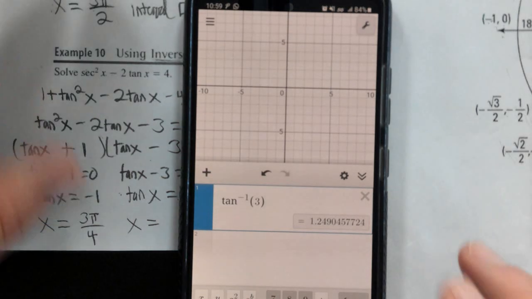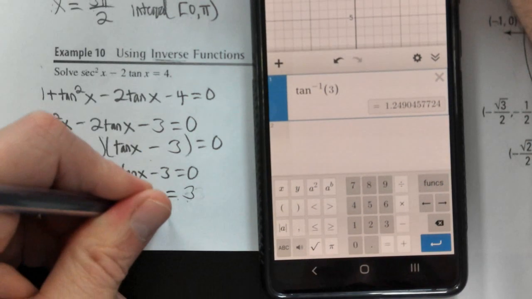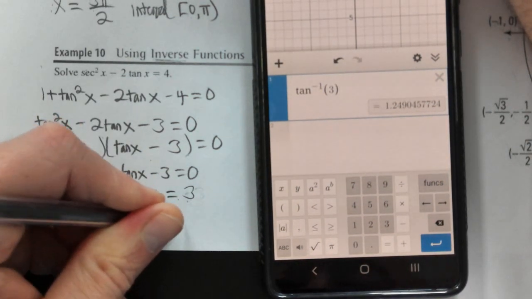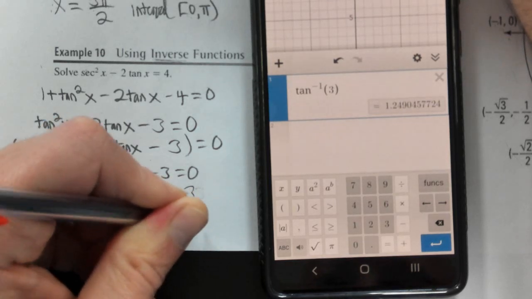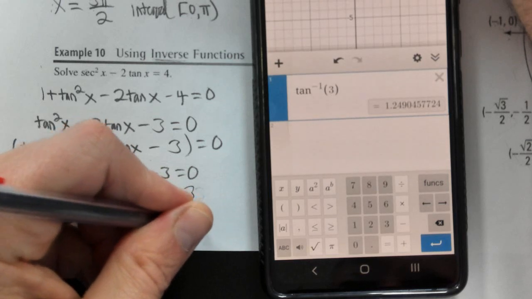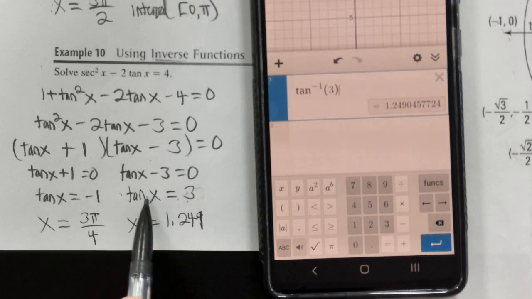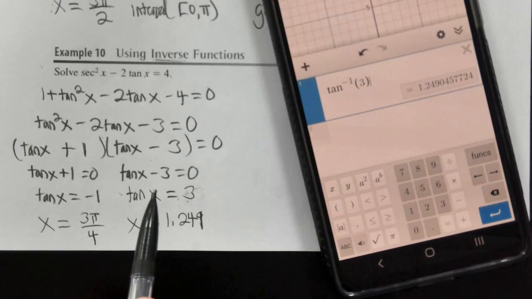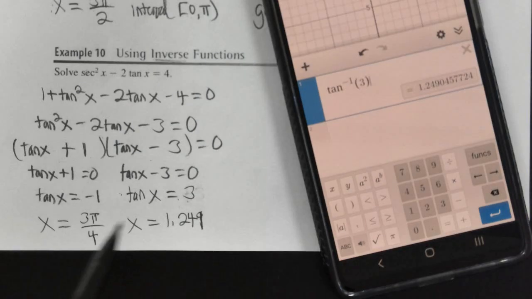Okay, so my solution there now, when I do the inverse tangent of 3, would be 1.249, we'll call it. Okay, 1.249. All right. So again, anytime you've got a value that doesn't actually hit any of the points that are listed on the unit circle, you'll have to use the inverse function to come up with the value.